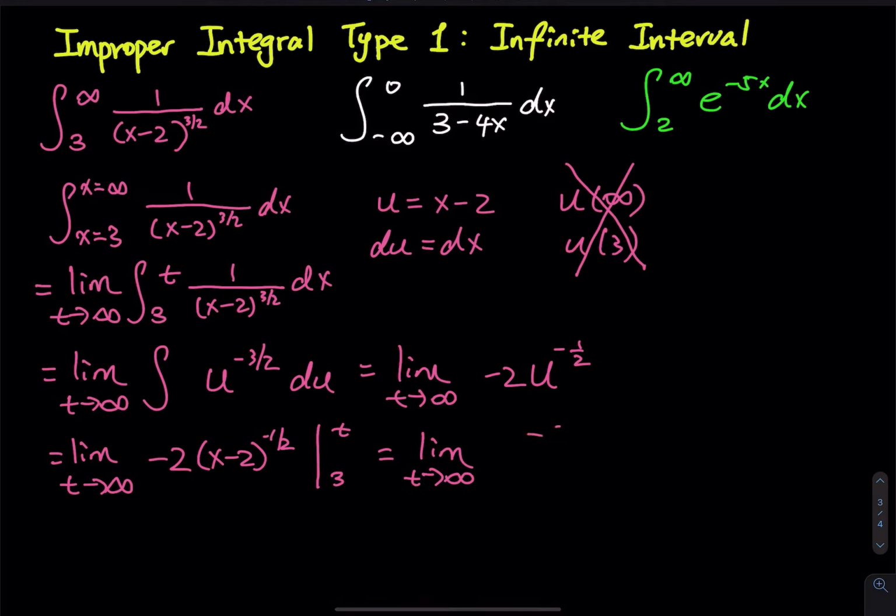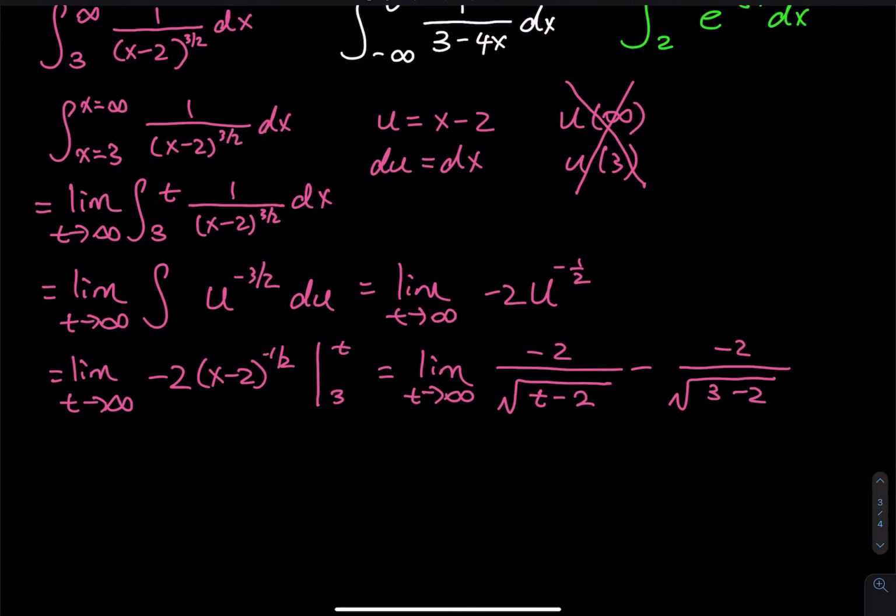We have negative 2, plug in the t, you have t minus 2, and then minus negative 2 times the square root of 3 minus 2. So what happens when you plug in infinity? You have negative 2 divided by the square root of infinity, which is infinity, right? And then plus 2 divided by 1. So basically you have 0 plus 2, which equals 2.